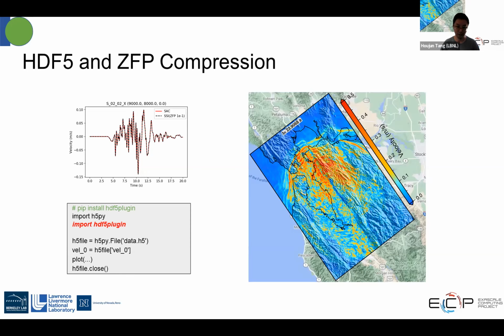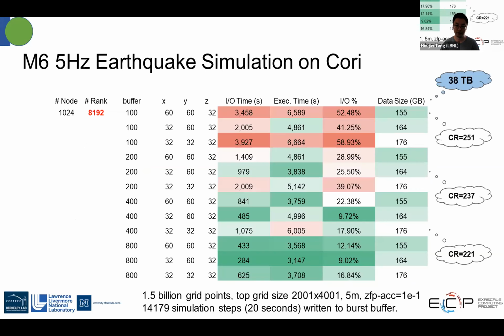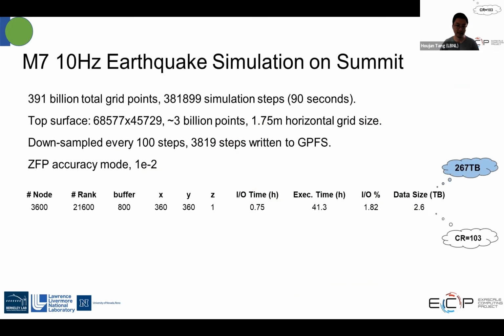We conclude that for a lower frequency, like the 5 Hertz earthquake simulation, ZFP accuracy mode with e to the -1 is sufficient, but with a higher frequency like the 10 Hertz simulation, we need e to the -2. Okay. But still you get a very high compression ratio, still in the hundreds.